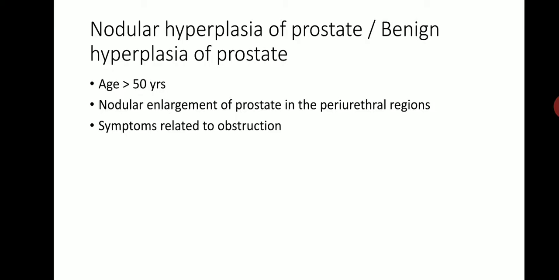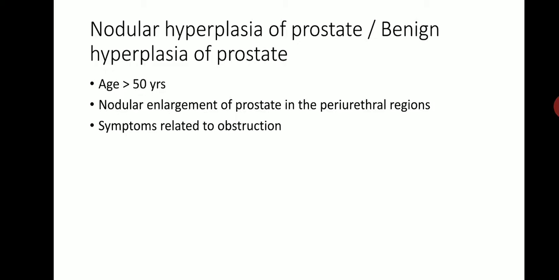Let us discuss the most common pathology of prostate, that is the nodular hyperplasia of prostate, also known as the benign hyperplasia of prostate. Now don't go by the term benign. Sometimes students confuse it as a benign tumor. But as the name suggests, this condition is not neoplasia.